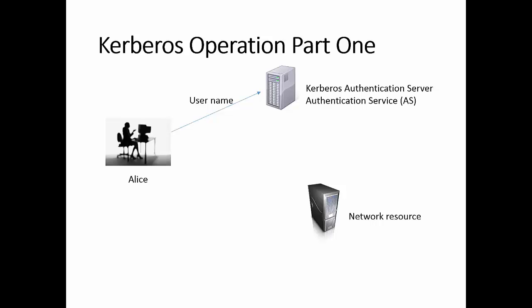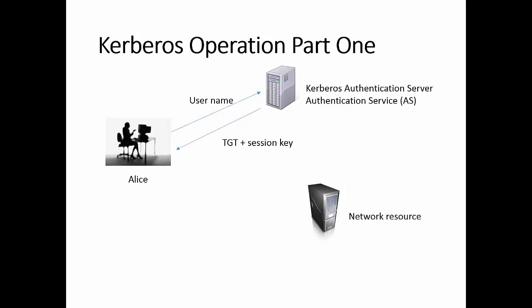Once the authentication part is done, KAS sends a ticket granting ticket and a session key. Both the ticket granting ticket and the session key are encrypted. The session key is encrypted using symmetric key encryption with an encryption key, which is the password Alice provided.